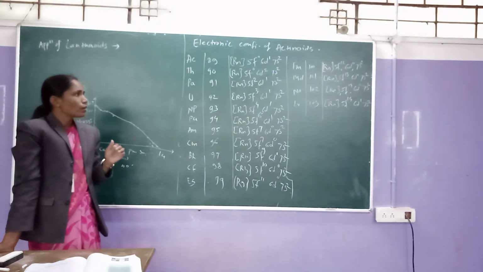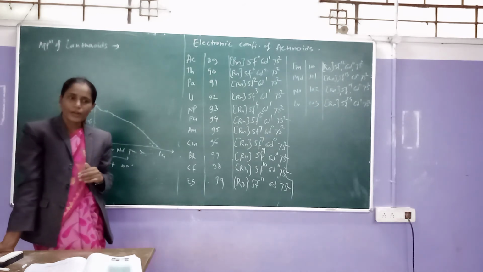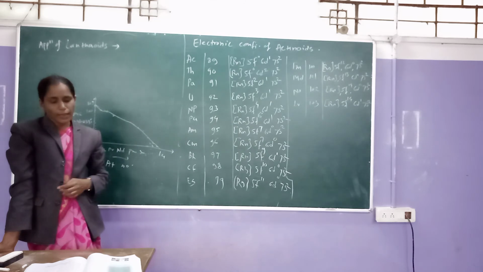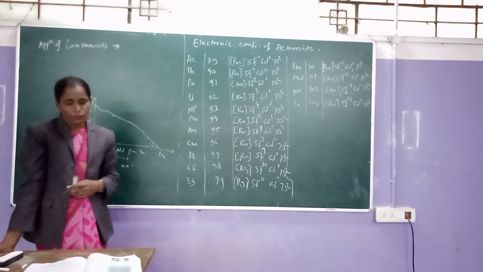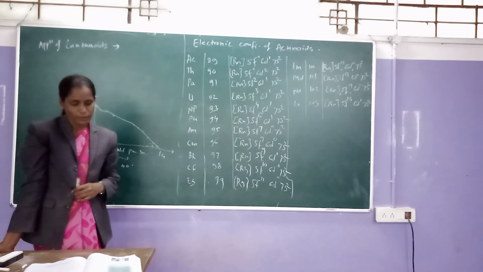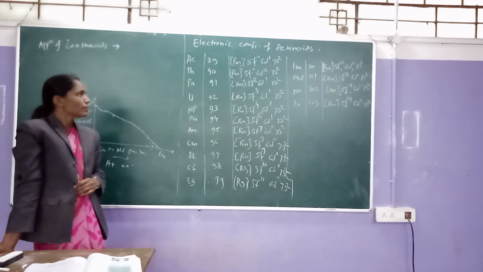These lanthanoids emit light of various wavelengths, therefore the images form in color.